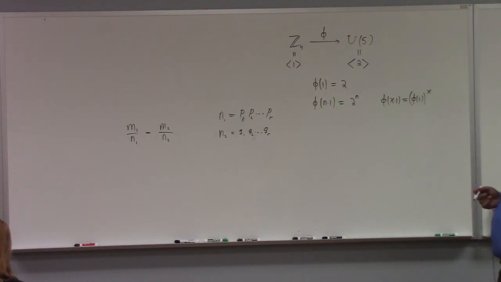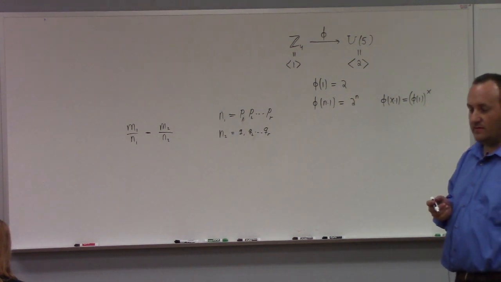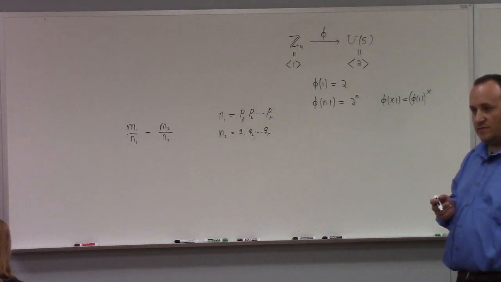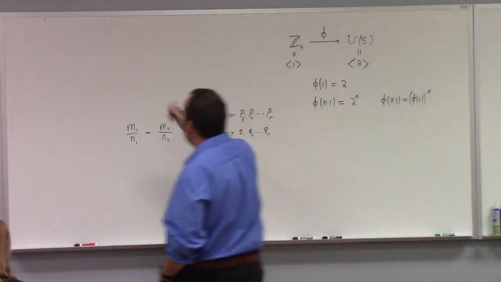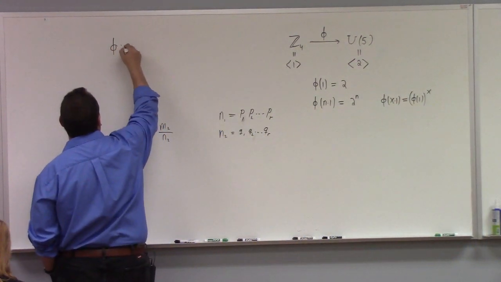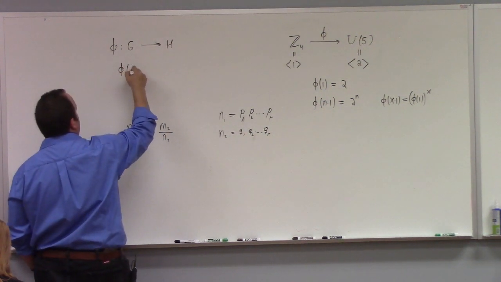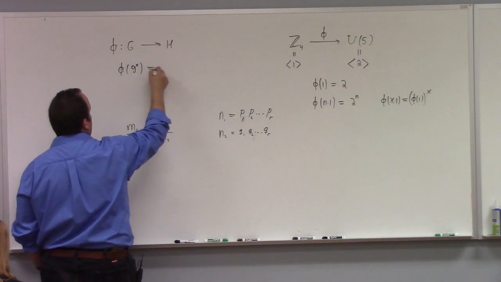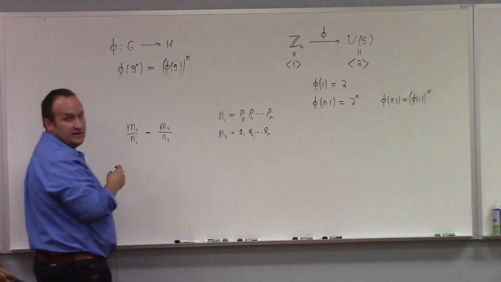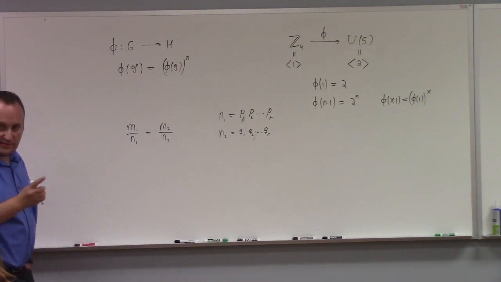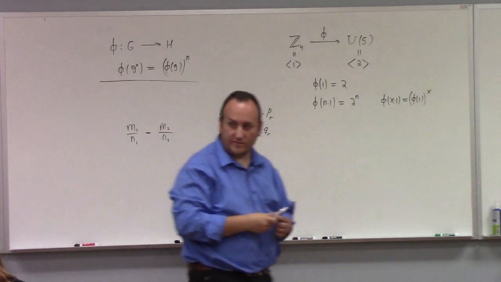Well, this is actually just a property of isomorphisms in the case that the domain has additive notation but the range has multiplicative notation. We proved in here that phi going from G to H has the following rule: phi of g to the n equals phi of g, to the n. We did this in a lot of detail. There are a lot of different versions of this, depending on our notational choices.